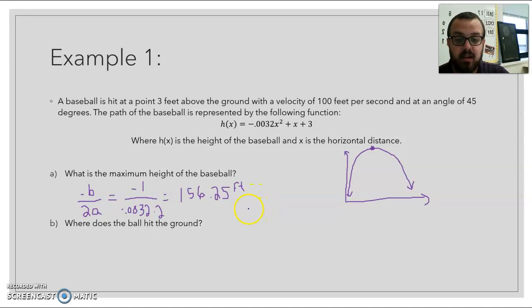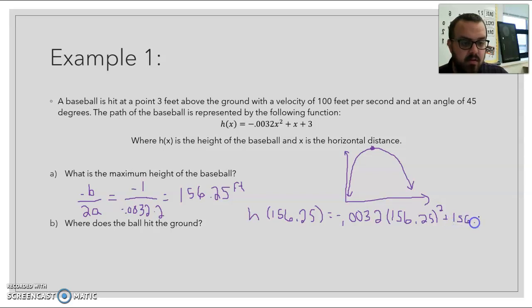So I'll say, okay, I'm basically going to be finding what h of 156.25 is, which will be negative 0.0032 times 156.25 squared plus 156.25 plus 3.